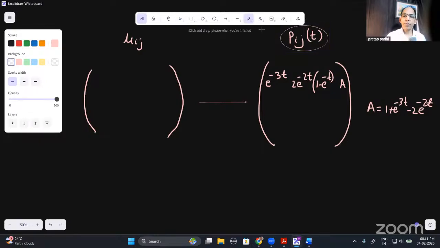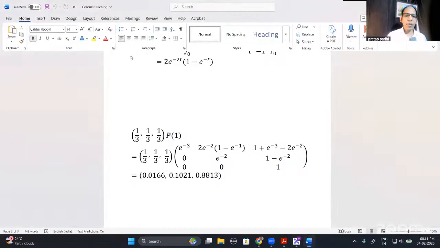I will explain this. How about this? This will be 0, e to the power minus 2t, then 1 minus e to the power minus 2t. How about this? 0, 0, 1. 0, 0, 1. These are the Pij of t's. These are the mu ij's, which were given in the question.